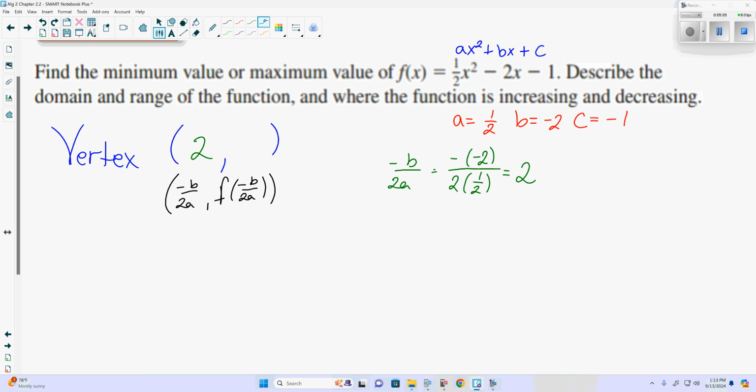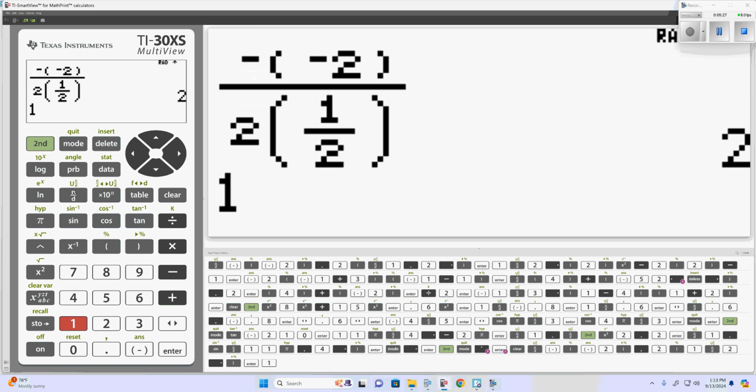Now to find the y value of the vertex, we're just going to plug 2 in for x. So we'll have 1/2 times 2 squared, minus 2 times 2, minus 1. And again, we can plug this into the calculator.